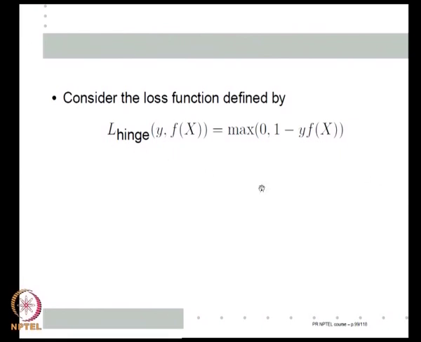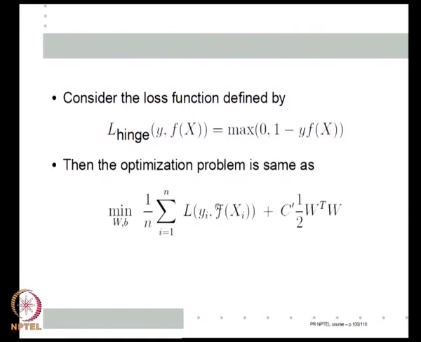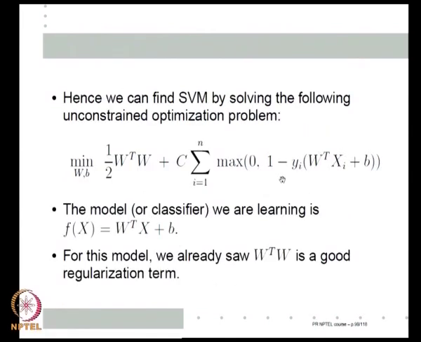So, that is the hinge loss. So, with respect to hinge loss, if I want to do regularized risk minimization, what should I do? Minimize over W and b of 1 by n, because of the empirical risk, the sum over i equal to 1 to n of L of y_i comma f(x_i), plus some constant times half W transpose W, because that is the regularization term. L of y_i comma f(x_i) is nothing but max of 0 comma 1 minus y_i f(x_i). That is what I have here.